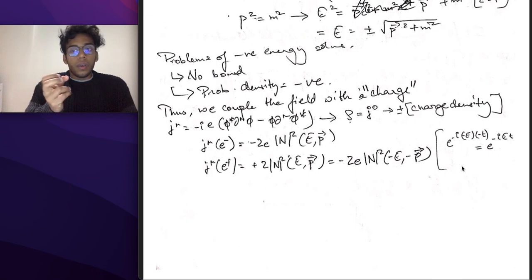Once you have negative energy and also negative time, that means you have positive energy and positive time, because the two minuses in the exponential cancel out. The physical interpretation of this is that a positive charge moving forward in time equals a negative charge moving backward in time.